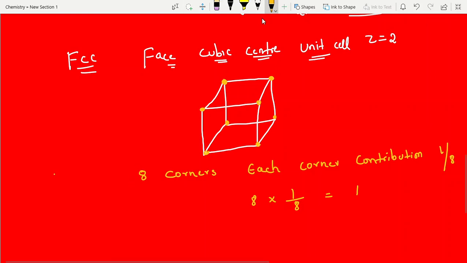Face centers. How many faces? I am drawing the structure here, students. Listen. See, this is one face, right? It has a center, face center. This face has a center, face center, right? Now look into this.